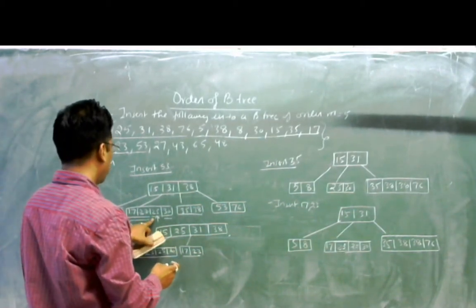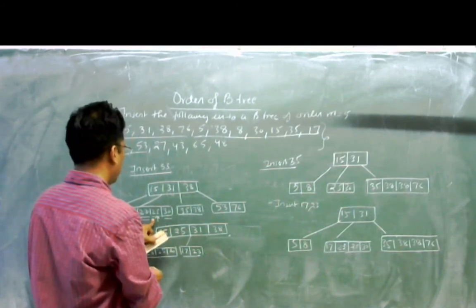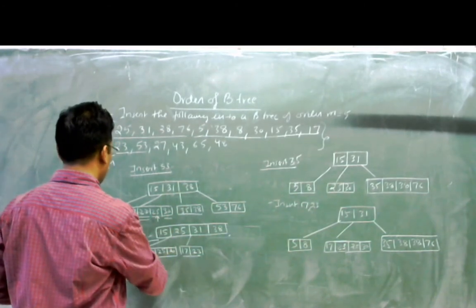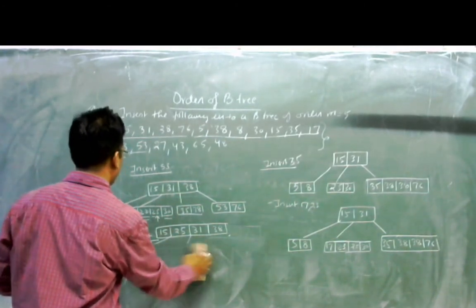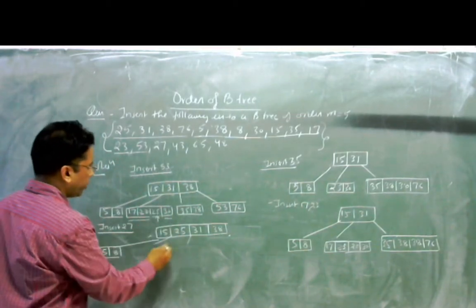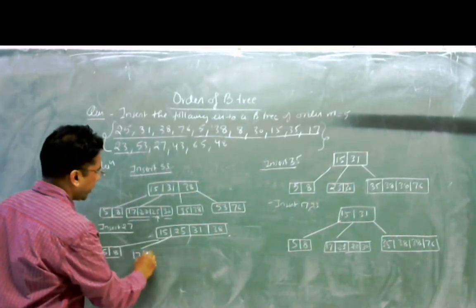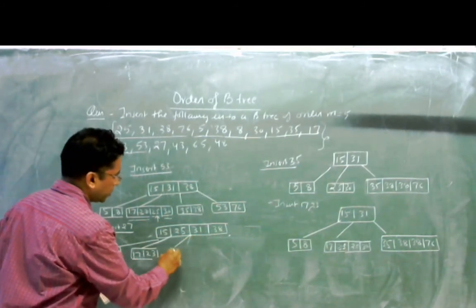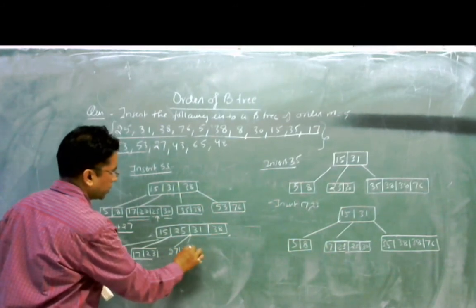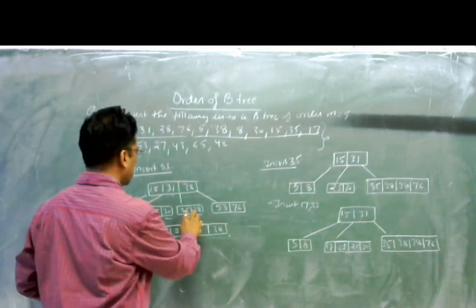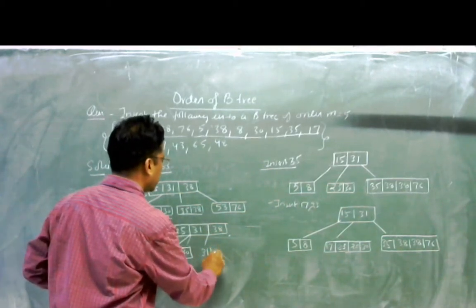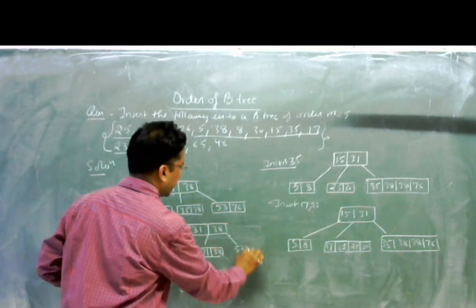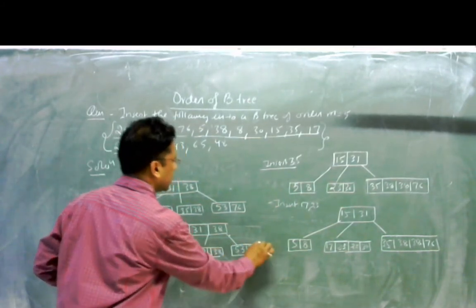Sorry, I have repeated the number: 17, 25 has moved upward, so this position has 17 and 23, and on the right 27 and 30, right? And this position was 31 and 38, and the right of this is 53 and 76, right?